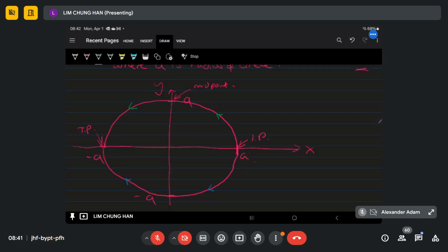So the half circle on the top is correct. The bottom part doesn't exist, so you have to delete it. That's your answer.